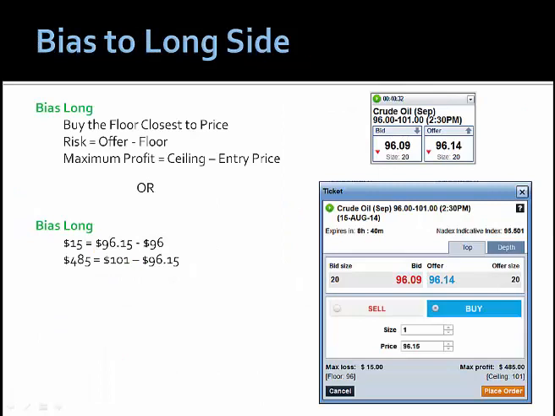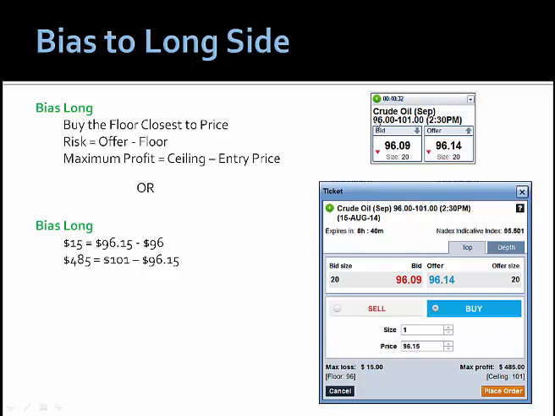So in this case, you can see that the bias is to the long side. We're going to choose a spread that is closest to price, and we want a floor because we expect price to go up to the ceiling. So in this case, we're going to choose the $96 floor, and the ceiling is at 101.00.